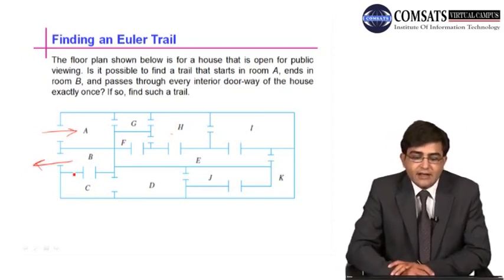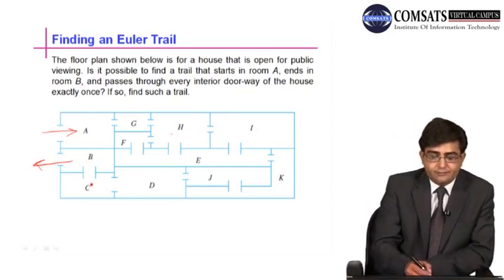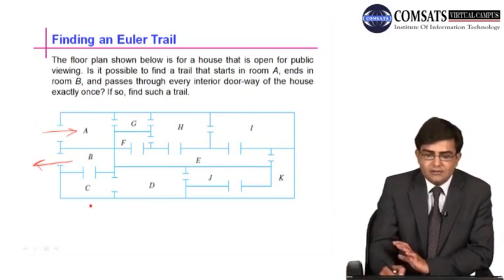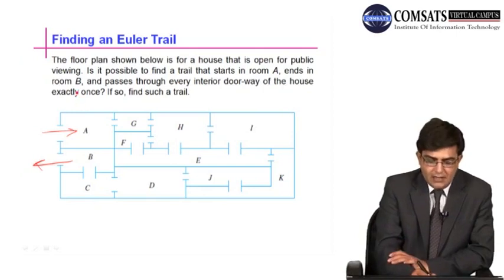So we have to find an Euler path in this. First of all, we simplify this floor plan, and we draw a graph which represents the ways of this whole plan.